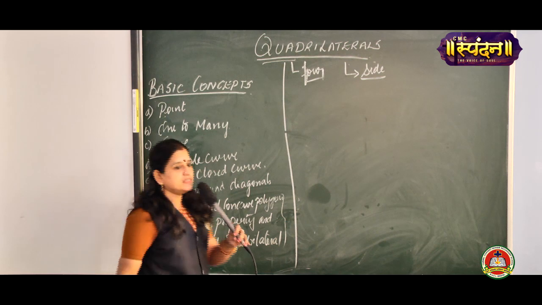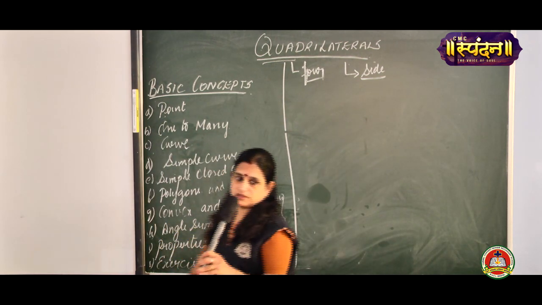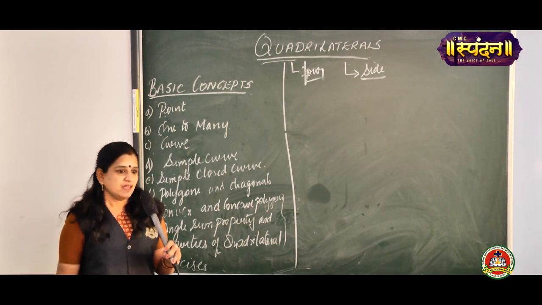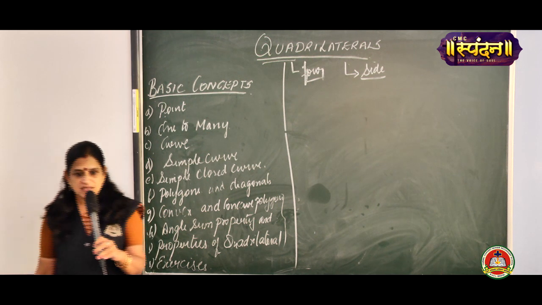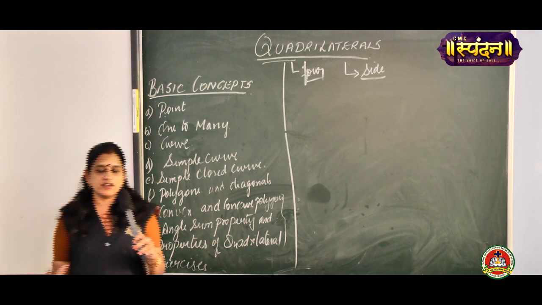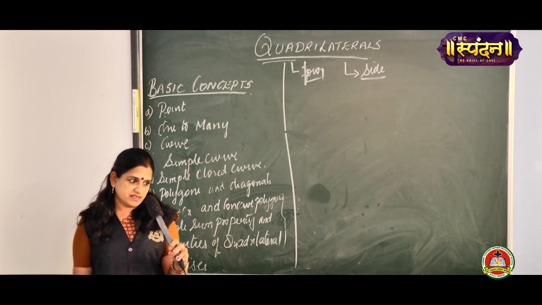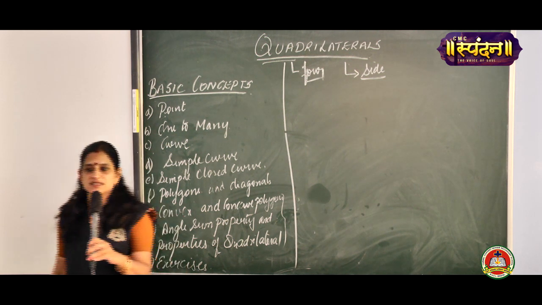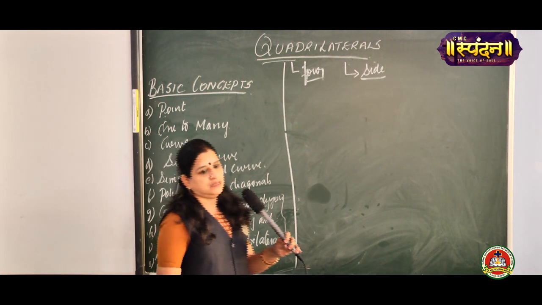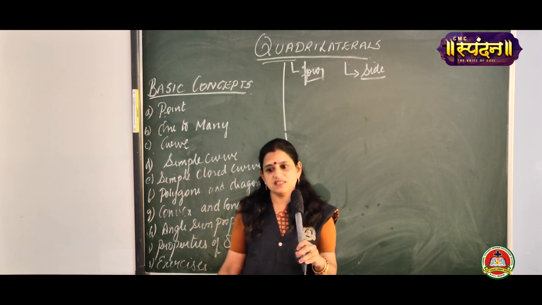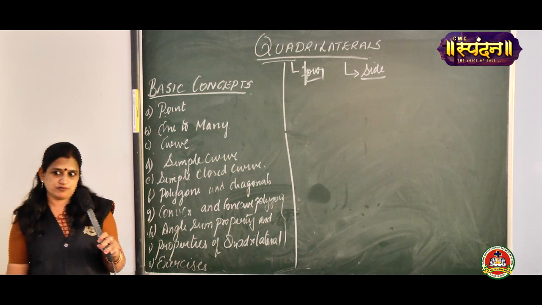In your earlier classes, you have learned some of these topics. But as soon as we were born, in our childhood days, our parents would have given us crayons to scribble something on a surface. You scribble on paper or whatever material you have. That surface you call a plane surface.